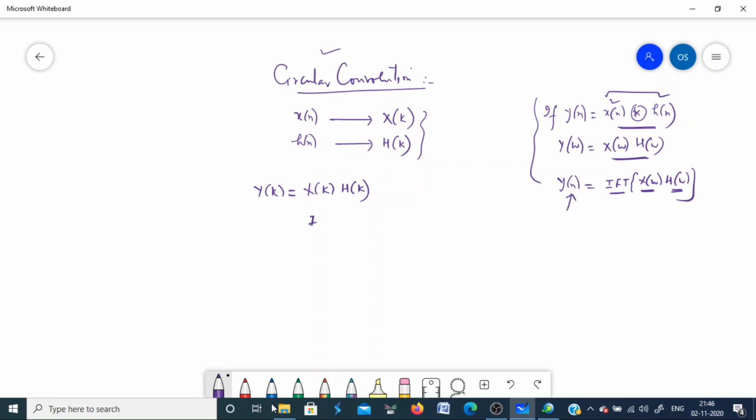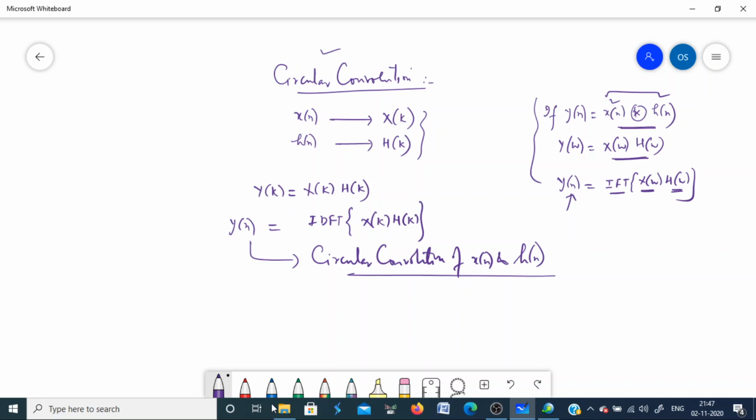Then I find the inverse discrete Fourier transform of this product, X(k) into H(k). What will be my y(n)? This y(n) is nothing but the circular convolution of x(n) and h(n).